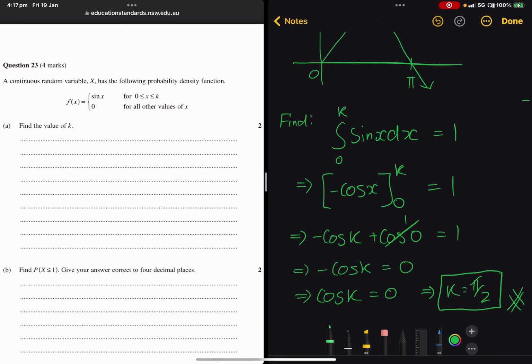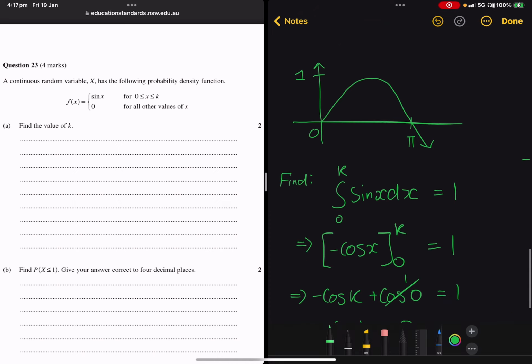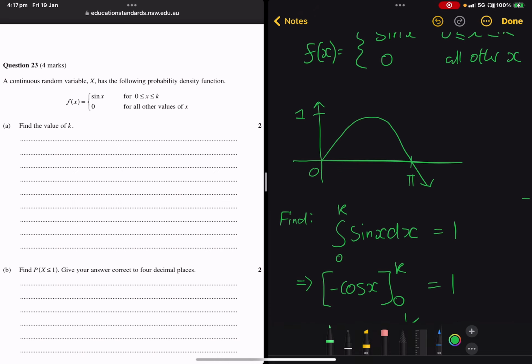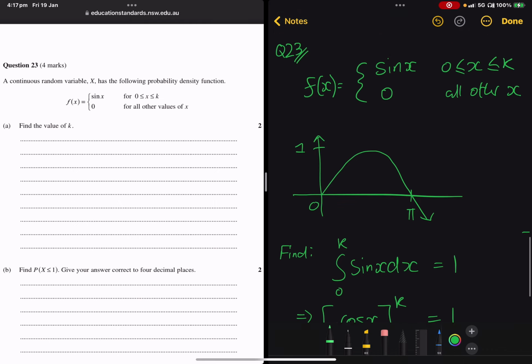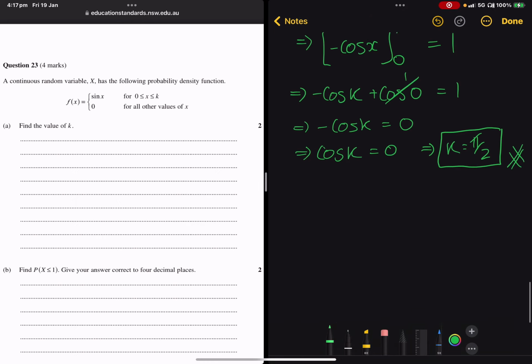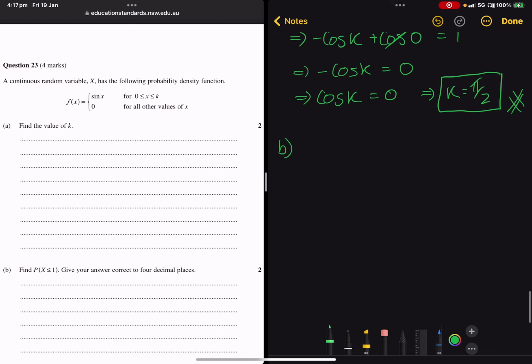So we're going to do a very specific thing using our knowledge of this probability function. This was all part A. And now, for part B, we want the probability that capital X is less than or equal to 1.